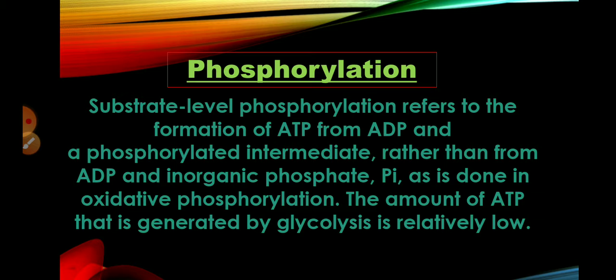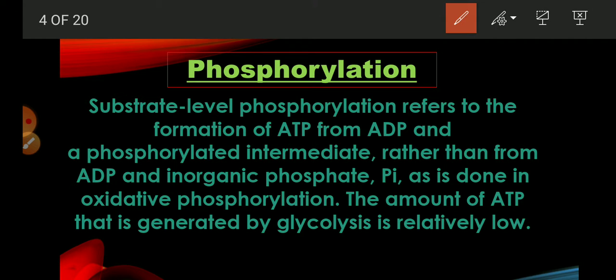So substrate level phosphorylation refers to the formation of ATP from ADP and a phosphorylated intermediate rather than from ADP and inorganic phosphate. So what happens in this is that in substrate level phosphorylation, ATP is formed at substrate level from any substrate, from any organic compound, not from inorganic phosphate.